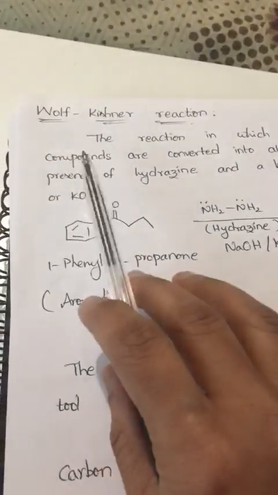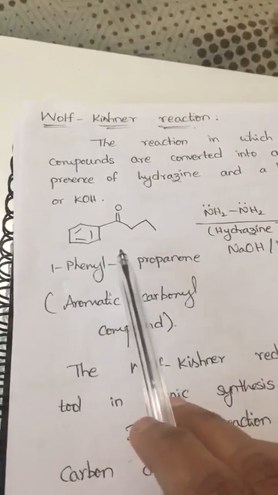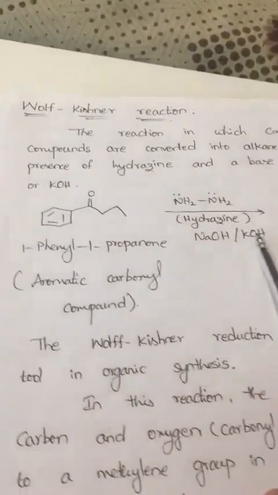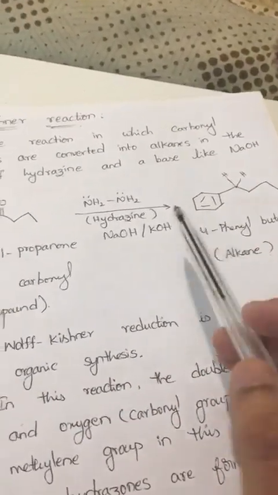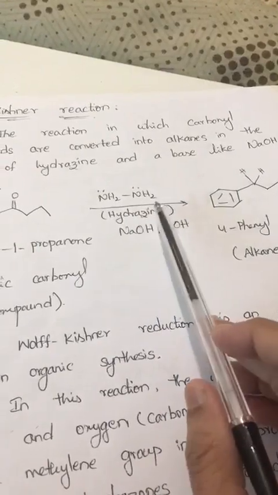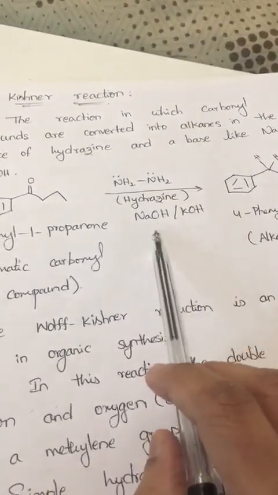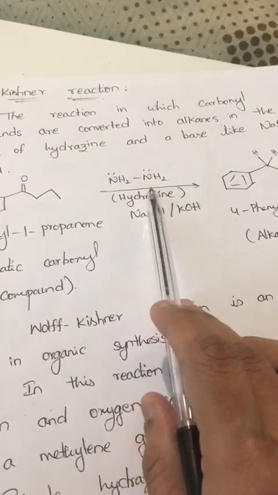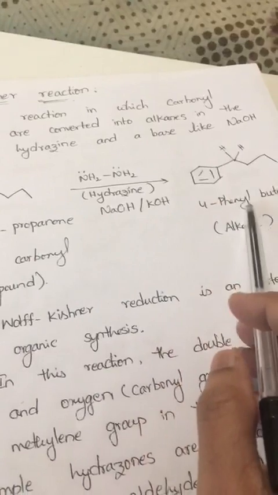But in this Wolff-Kishner reduction, carbonyl compounds, aldehydes and mostly ketones, are converted into alkanes. This happens in the presence of hydrazine, NH2NH2, and in the presence of a base. This hydrazine is especially used to convert the carbonyl compounds into their hydrazones.